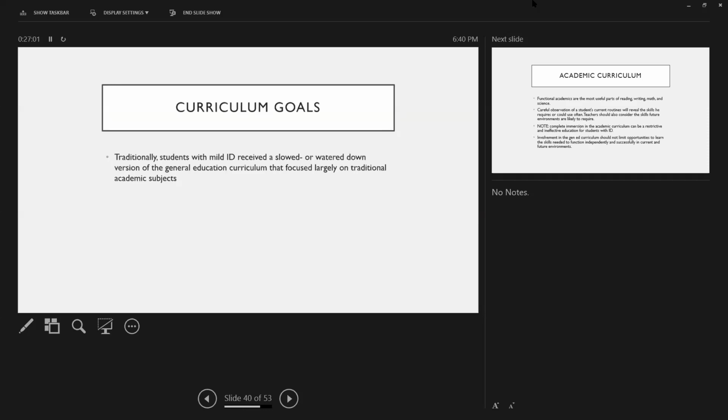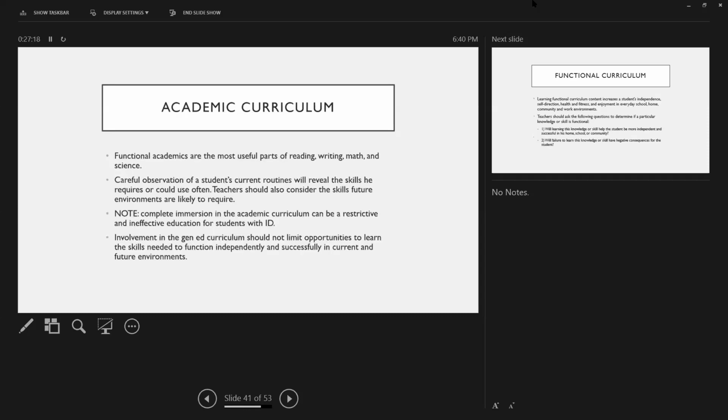But as we are all well aware, an educational curriculum that is focused primarily on traditional academics is not necessarily the right curriculum for all students. So when we're thinking about most students with intellectual disability, we should be thinking about functional academics. These are basically the most useful parts of the traditional academic subjects: reading, writing, math, and science.